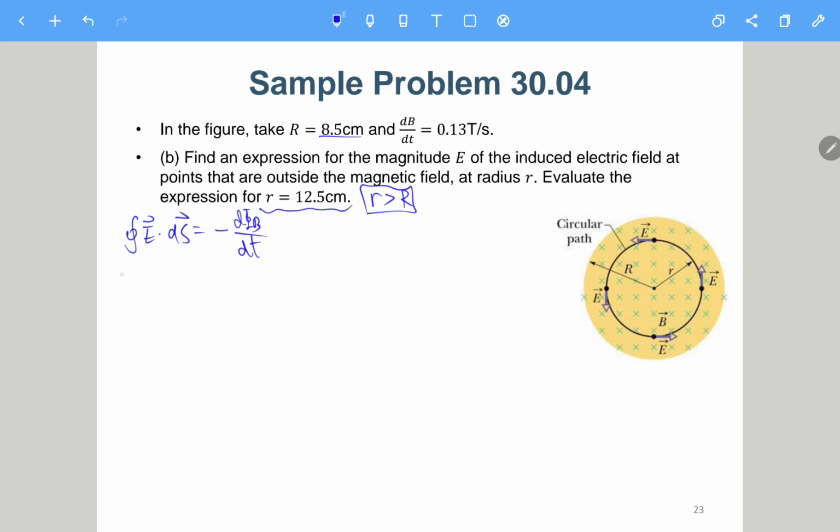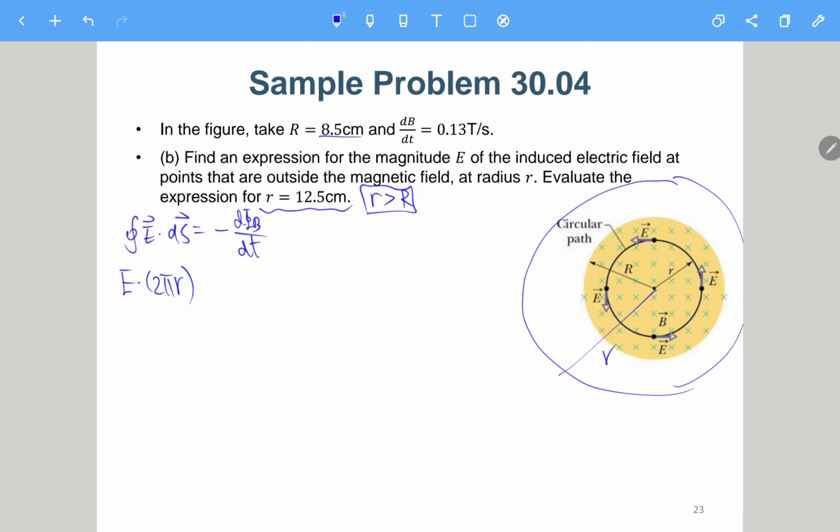On the left side it is still E times 2πr. Here this path is the outer one rather than the inner one, so this is small r.